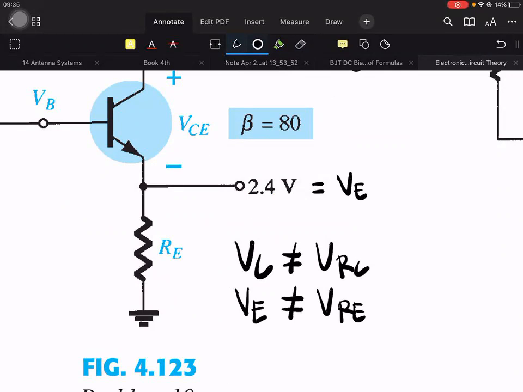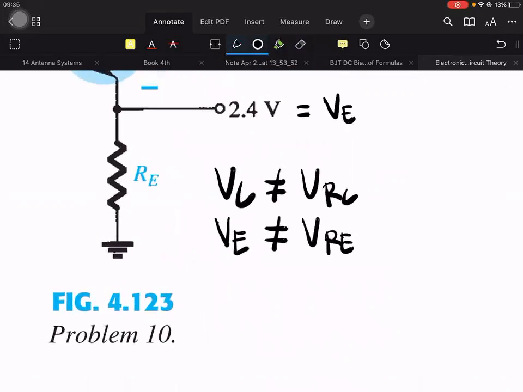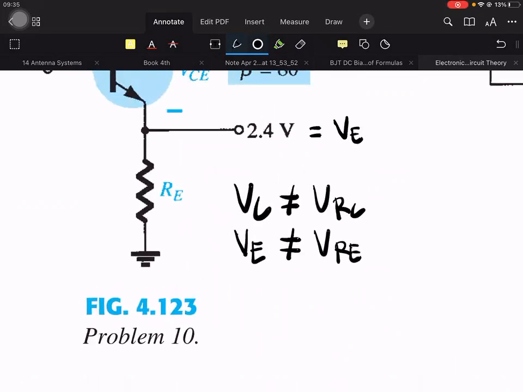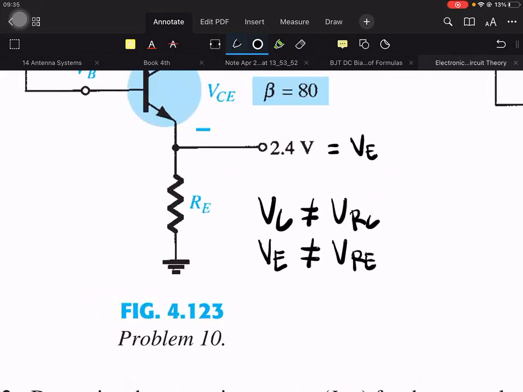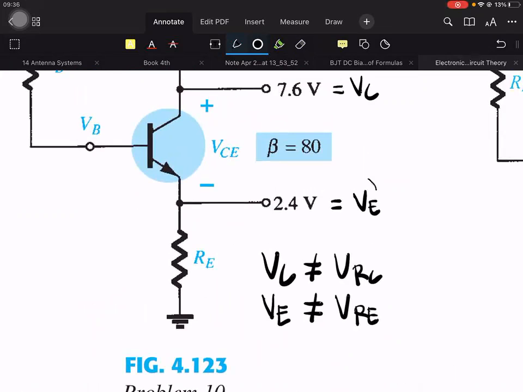What if there are two resistors here, RE1 and RE2? Then VE and the voltage across each resistor are not the same. It is only okay if one RE resistor is connected directly to ground. So VE is VRE, but it's not always the case. We're fortunate enough for this problem that VE is equal to VRE.